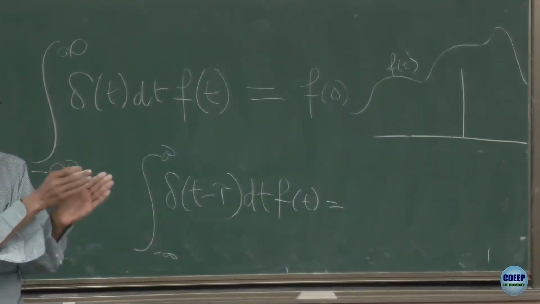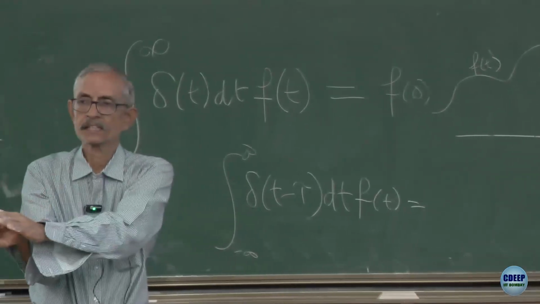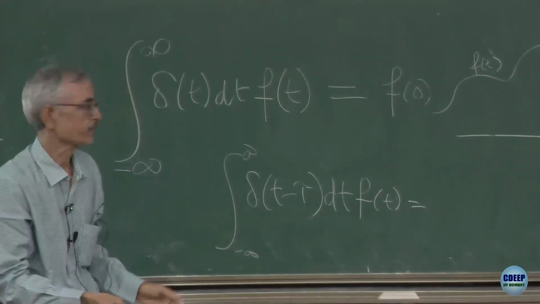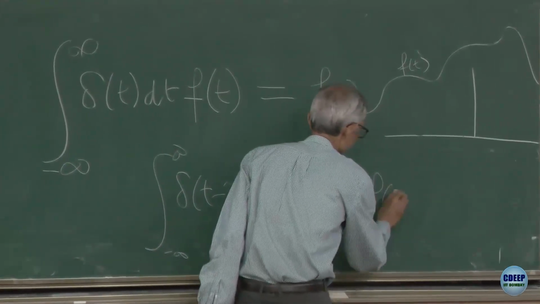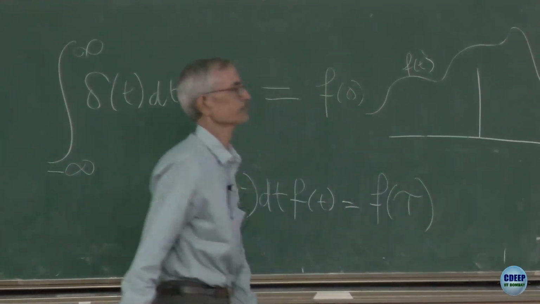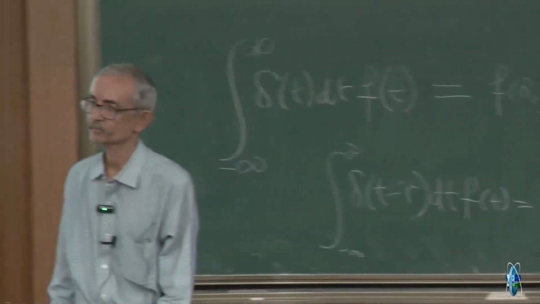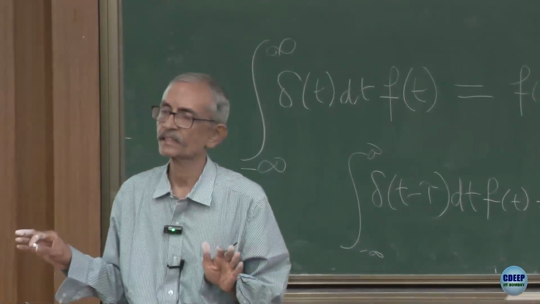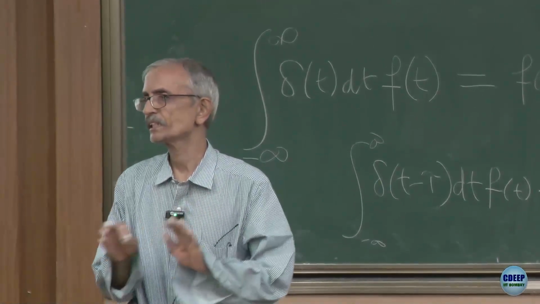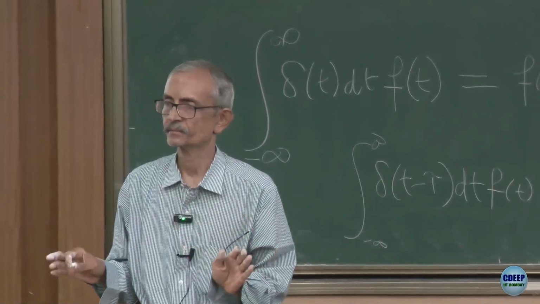And then I know integral delta dt is equal to 1, and therefore this guy is going to be equal to f tau. Okay? This is all we need to understand as far as the Heaviside and the delta functions is.